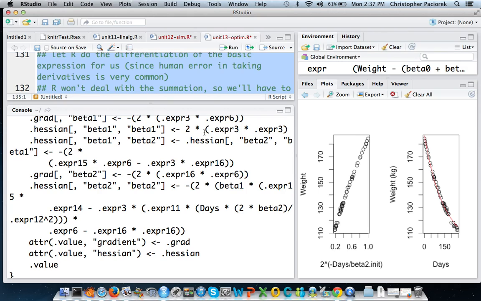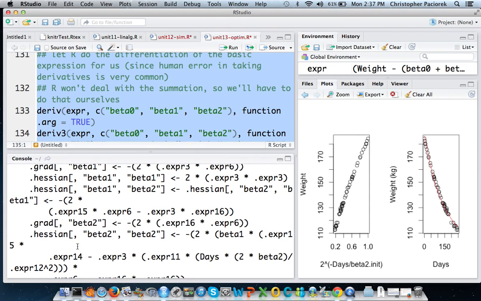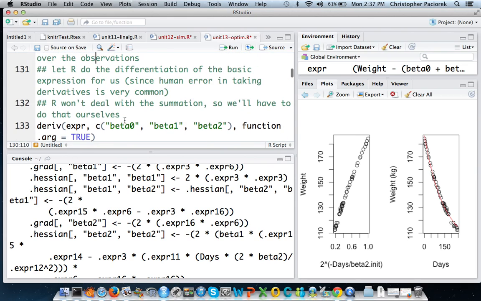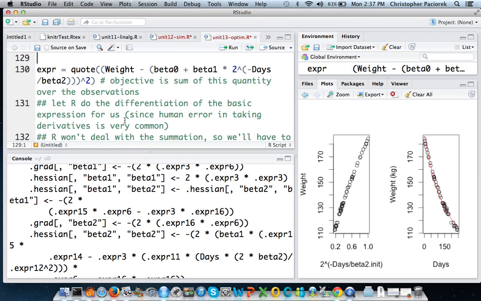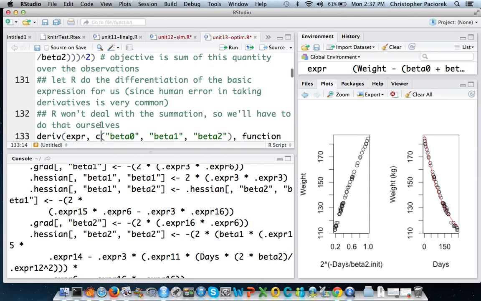I don't want to go into the details too much, but you can pull out the symbolic derivatives from the result that R gives back to us. R wouldn't have dealt with taking the sum over all of the observations, so I have to do a little bit of post-processing of what I get out of the symbolic differentiation in R.